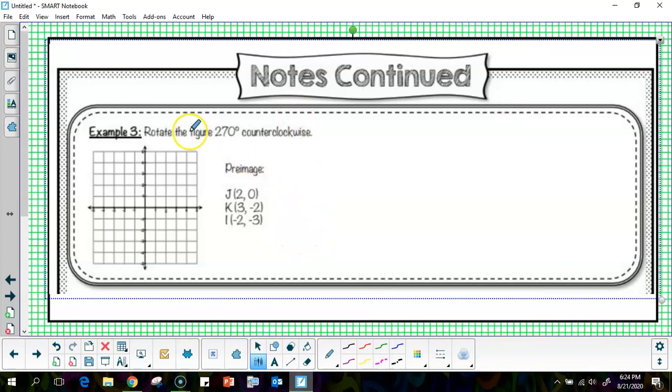Okay, this one says rotate the figure 270 degrees counterclockwise. And we know that that is the same as 90 degrees clockwise. We're just going to make a note up here. Same as 90 degrees clockwise.